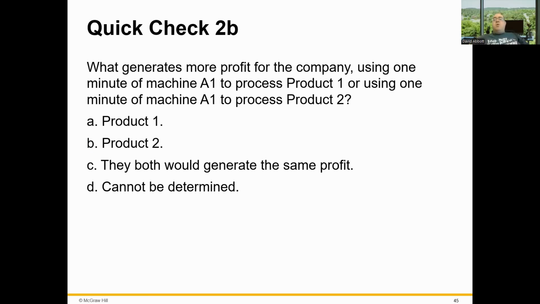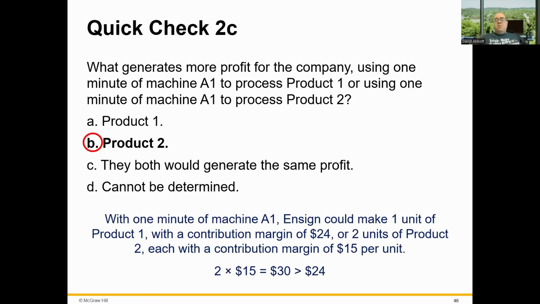And what generates more profit for the company? Using 1 minute of machine A1 to process product 1, or using 1 minute of machine A1 to process product 2? It would be product 2. Because with 1 minute of machine A1, Ensign could make 1 unit of product 1 with a contribution margin of $24, or they could make 2 units of product 2, which has a contribution margin of $15 per unit.